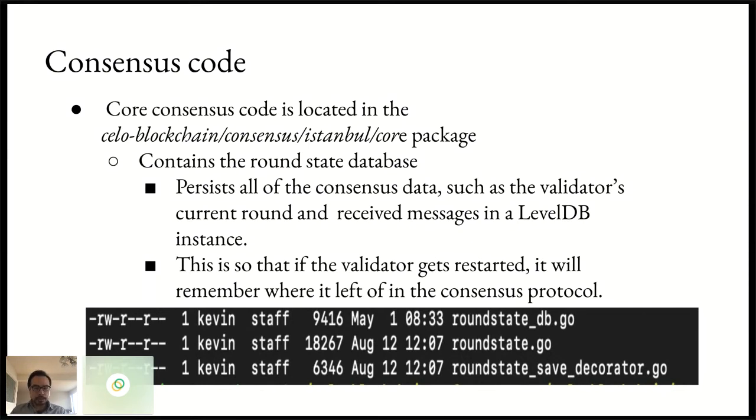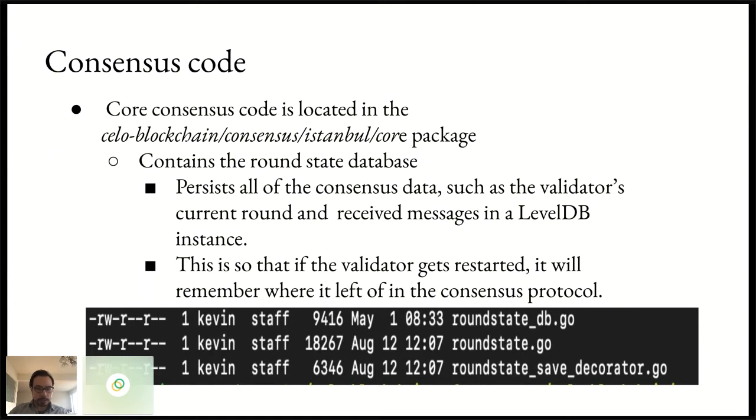The main reason we added this is to handle the case when the validator does go down during consensus. In those cases, if the validator does not remember its own state, it could end up sending different messages of the same type within the same round.